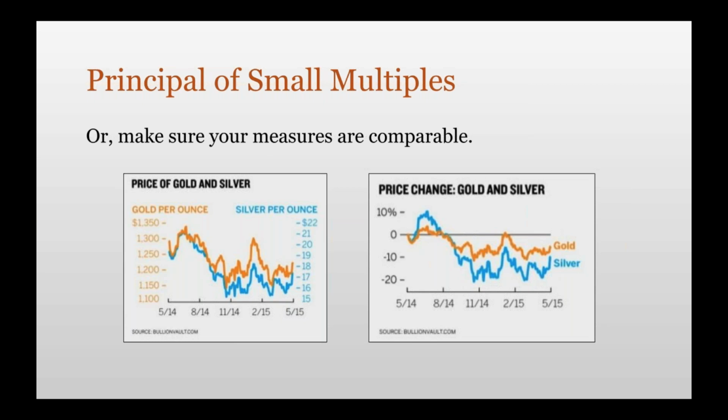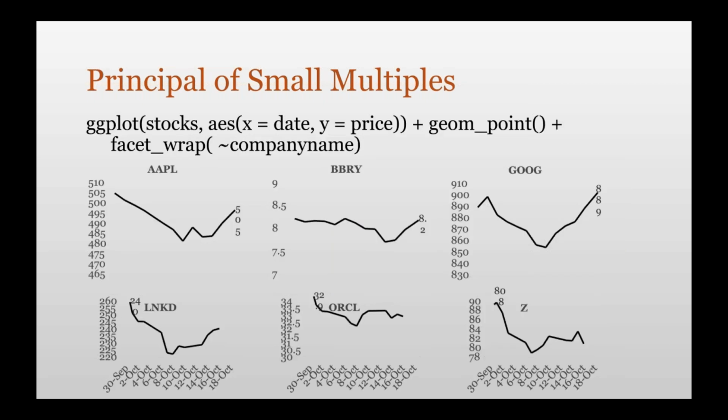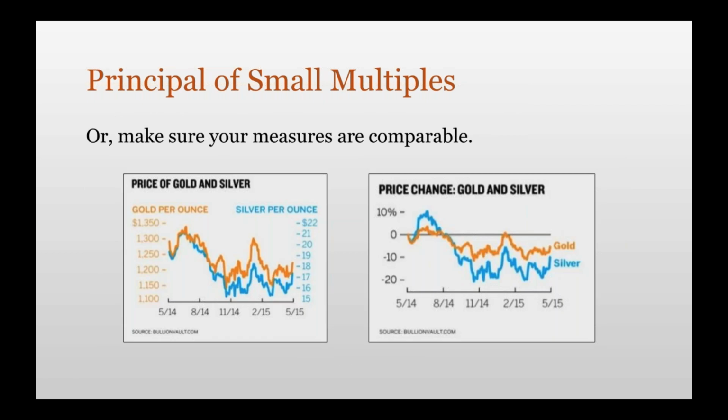Usually dual y-axes aren't the best way to deal with viewing data. Small multiples gets rid of the need for that by having separate axes in separate subplots. Combining it in this way is usually not best practice. But one strategy is making sure that your measures are comparable.